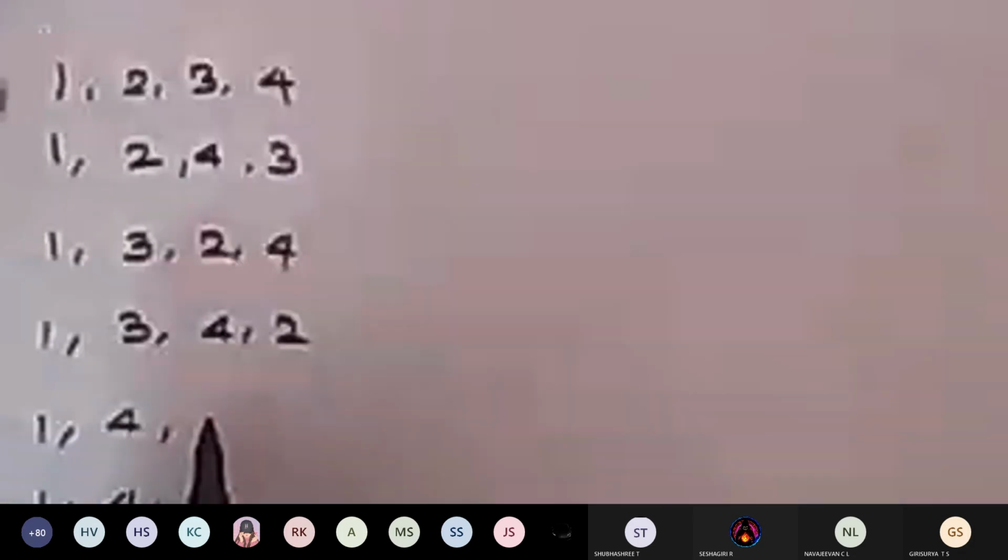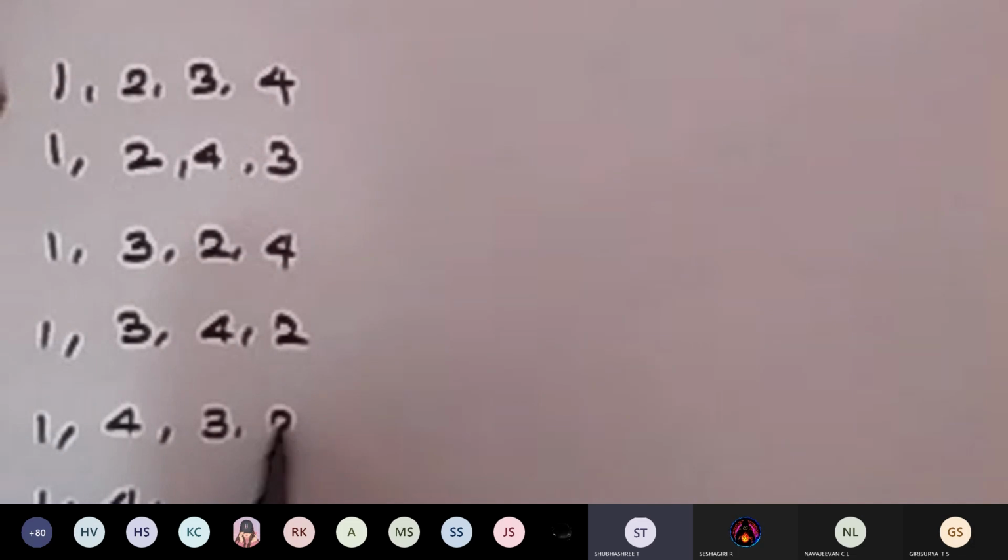Then 1, 3, 4, 2. With 1, 3 kept constant, next keep 1, 4 constant. 1, 4 I have taken. What is the remaining element? 3, 2 or 2, 3. So 1, 4, 2, 3 and 1, 4, 3, 2. Is there any other way of writing a number starting with 1?